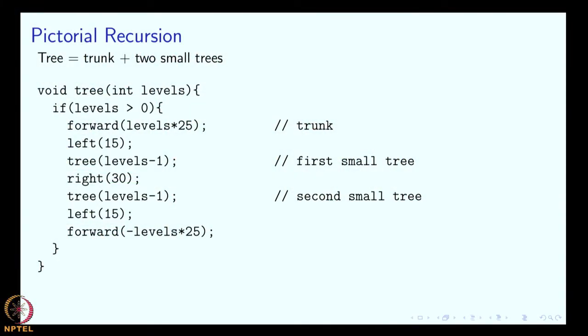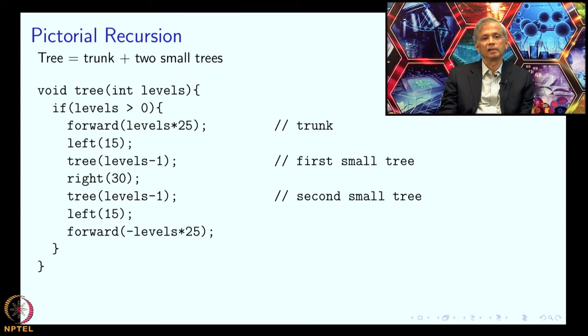You can also have pictorial recursion. So for example, I can think of a tree as a trunk plus 2 small trees, and this code puts that observation into practice. So it says that if I want to draw a tree with levels greater than 0, then it consists of a line obtained by moving the turtle forward, and that is the trunk.